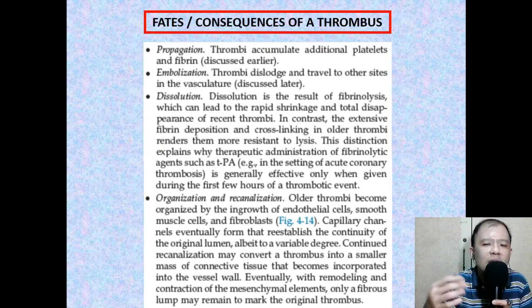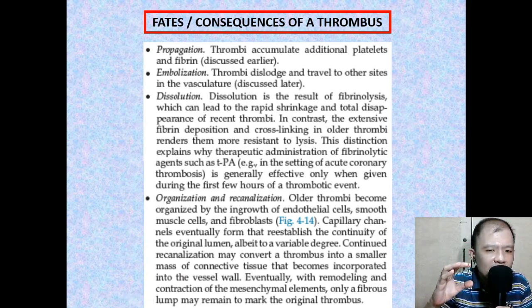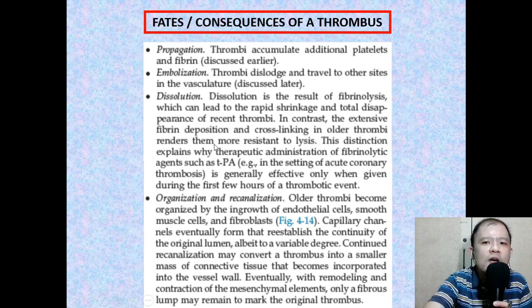Okay. If the patient is taking aspirin, it is a blood thinner. So the thrombus is dissolved, or if the thrombus is intact, there will be a recanalization or formation of collateral channels or vascular channels within the thrombus.